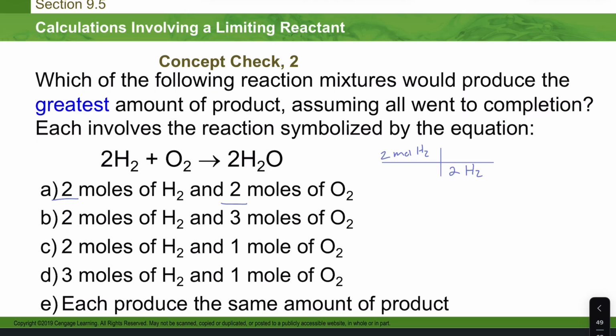And I'm going to do part B, or approach B. For every 2H2O, well, H2 cancels out. 2 times 2 divided by 2 equals 2H2O.